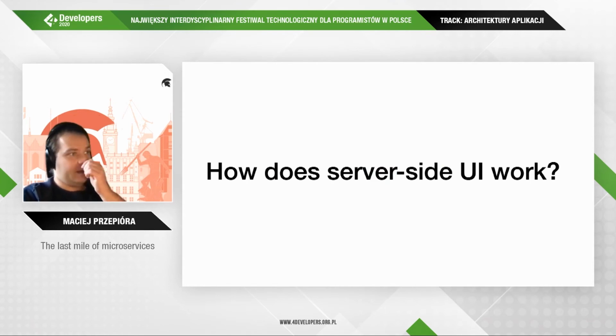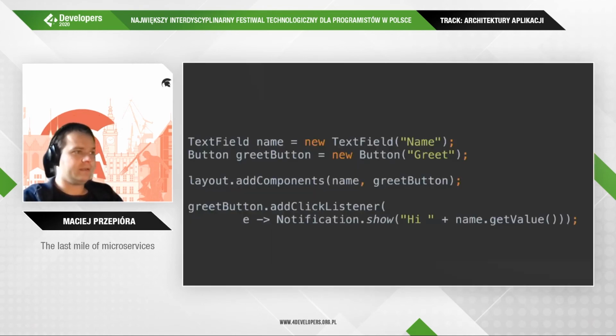So let's take a look at some sample Vaadin code. This is written in Vaadin, I think Vaadin 8. You write your application by using components. In this case, we have three components here. There is a layout component, which basically takes care of laying out components that you add to it.